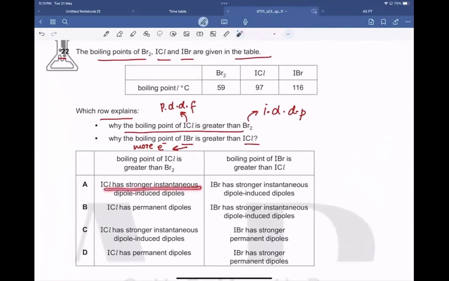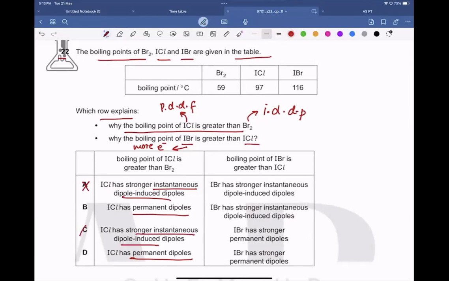ICl has a stronger instantaneous dipole induced dipole. Okay. And we have seen that ICl has a permanent dipole forces. That's what we have decided. So if you see here, it is written for ICl, but here they are saying that it has a stronger instantaneous dipole or induced dipole, which means that A goes wrong and C also goes wrong.